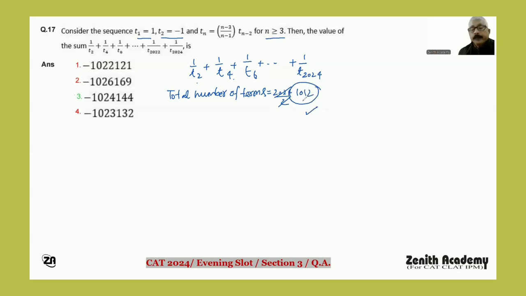Okay. And now T2 is given. What about T4? So take this relation. Tn is equal to (n minus 3) upon (n minus 1) into Tn minus 2. I would like to write it this way.